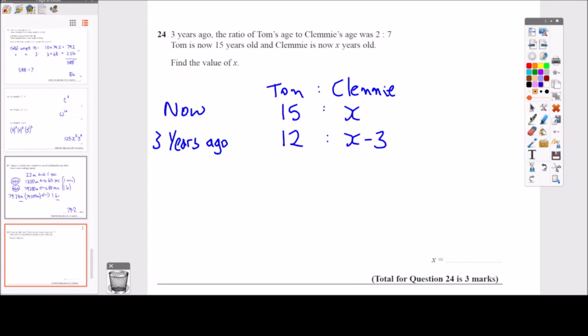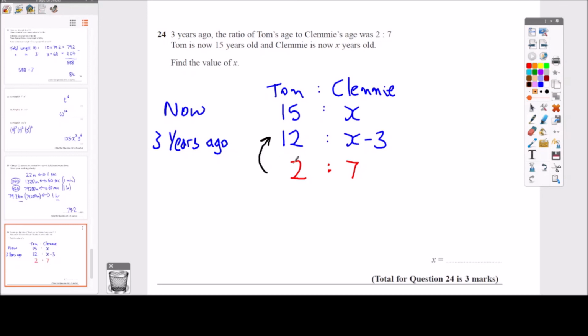Now, what do we know about 3 years ago? We know that the ratio of Tom to Clemmy was 2 to 7. So let's go and compare the ratio 3 years ago with what actually was happening 3 years ago.